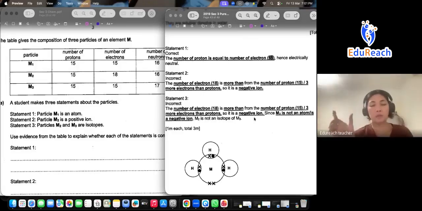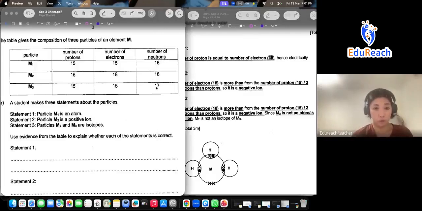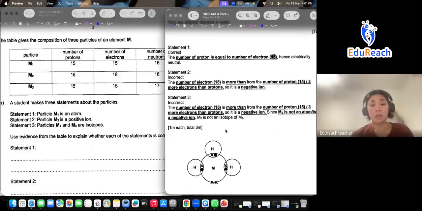You must memorize this definition: isotopes are atoms of the same element and therefore have the same number of protons and electrons, but a different number of neutrons. So it's almost there, but look here. Proton number is the same, neutron number is different, but the number of electrons is 18 and 15. Cannot. Isotopes must be atoms. We cannot talk about ions when we are talking about isotopes.